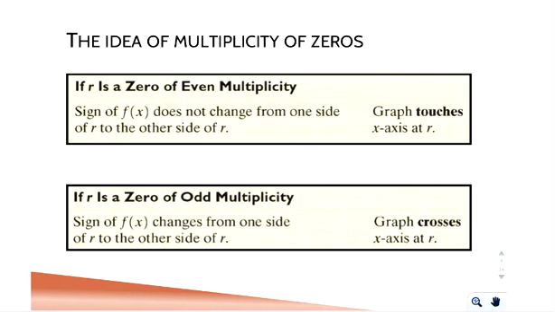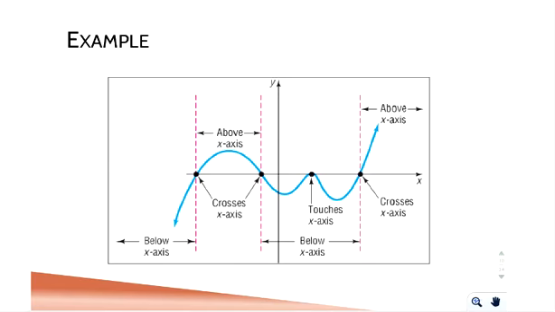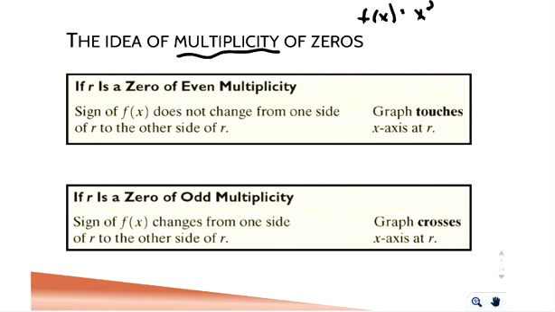Okay, have you heard the word multiplicity before? It just means the number of times you get, in this case, the zeros. All right, so you know how when we were factoring, suppose we were factoring x squared plus 4x plus 4.